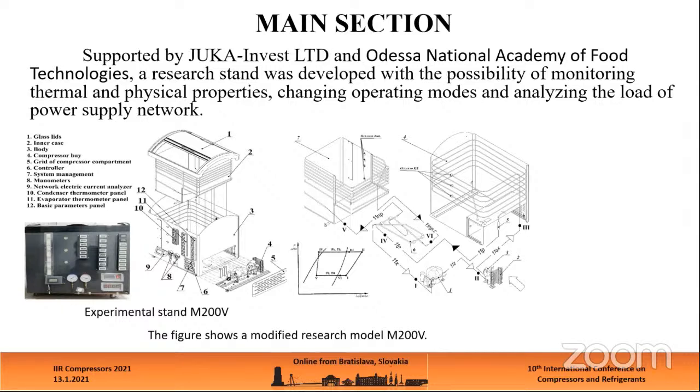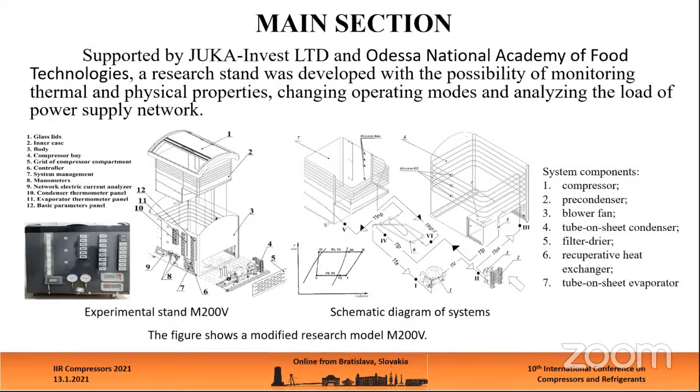On the second picture, you can see the schematic diagram of systems. The system components are 1 compressor, 2 precondenser, 3 blower fan, 4 tube on sheet condenser, 5 filter dryer, 6 recuperative heat exchanger, 7 tube on sheet evaporator.